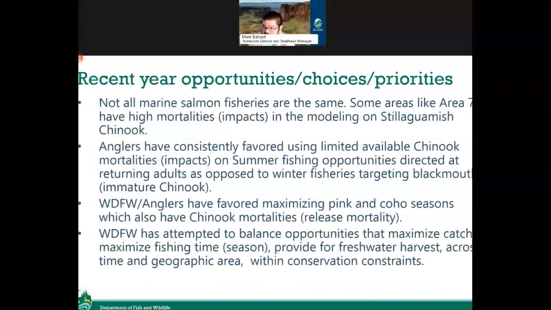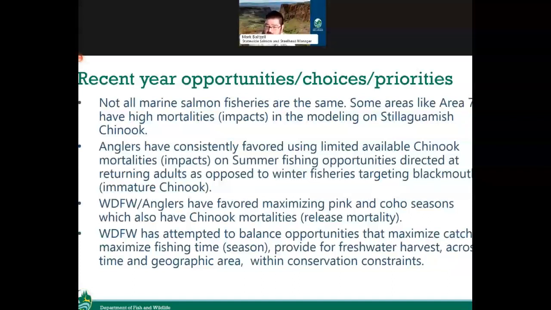Since 2018, we have seen some big changes in our marine area fisheries, particularly those targeting Chinook. We updated the FRAM model that Derek talked about earlier with an updated base period of years with those coded wire tags.